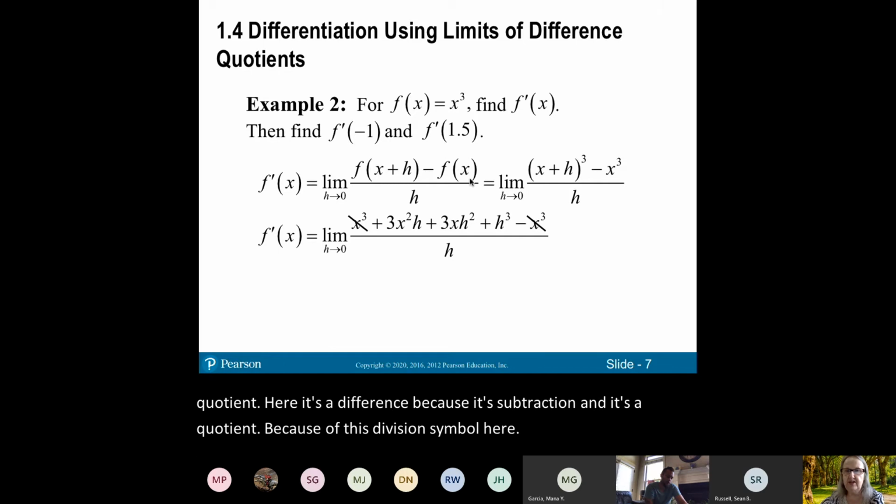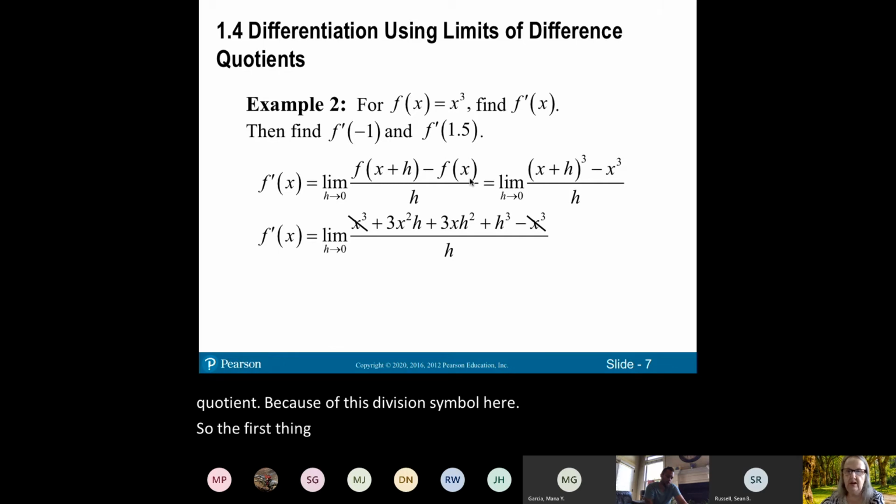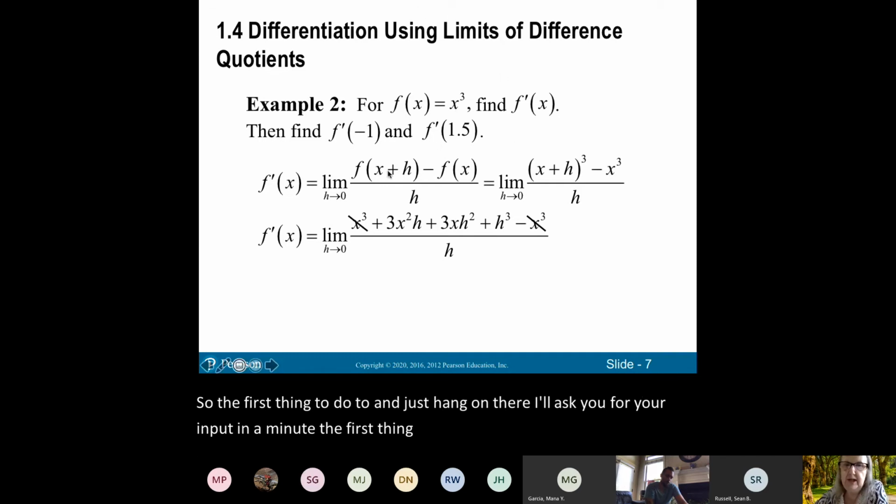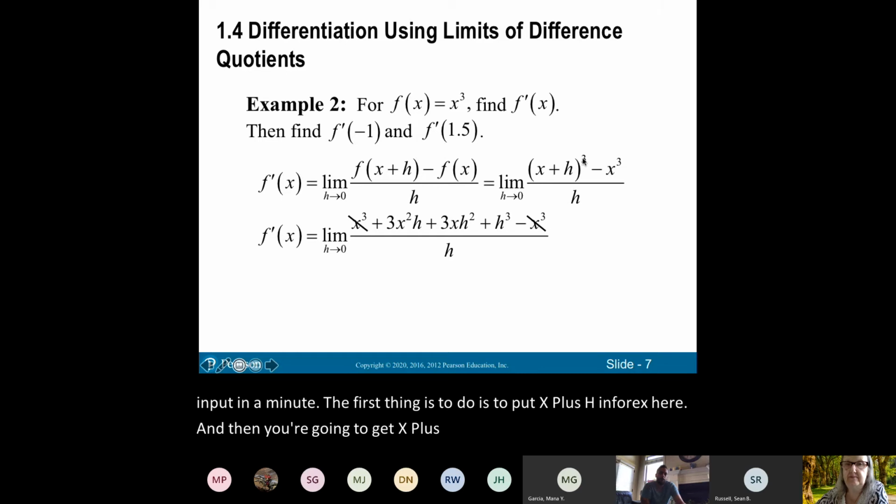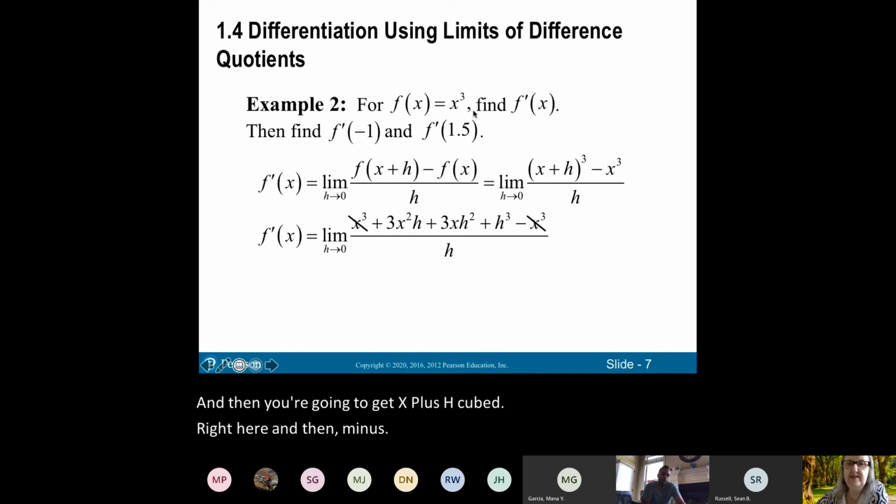So the first thing to do is to put x plus h in for x here. And then you're going to get x plus h cubed right here. And then minus f of x, which is x cubed.